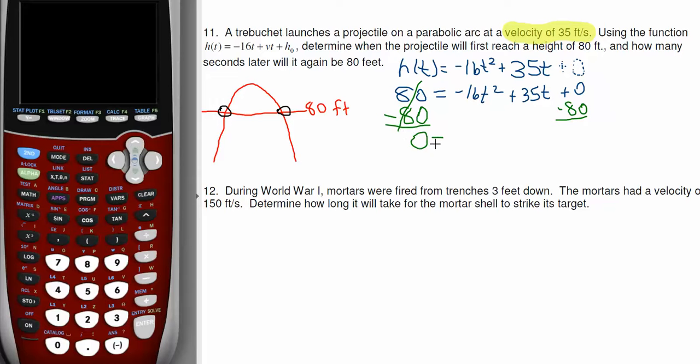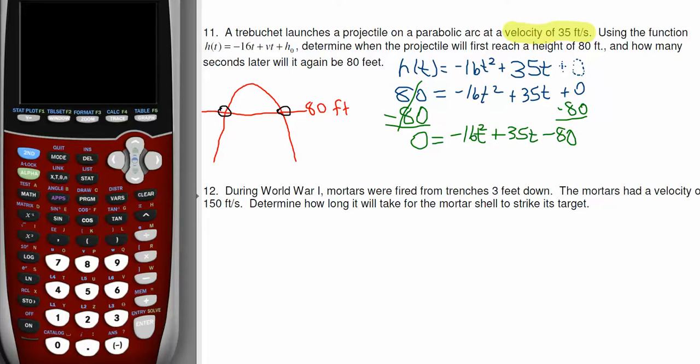So now 0 equals negative 16t squared plus 35t minus 80. And once you get to this point, then you can do your quadratic formula again, and as a result, find the 2 times the zeros in this case, and I'm putting air quotes around that for all of you that, of course, can't see me.